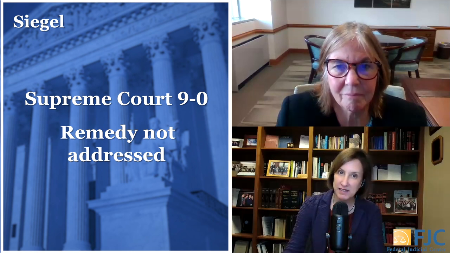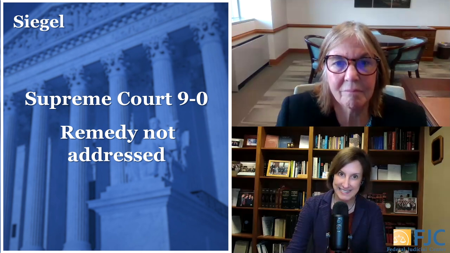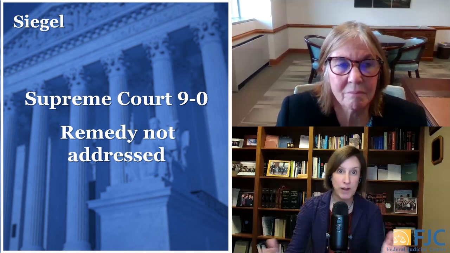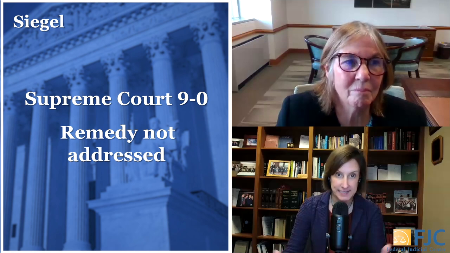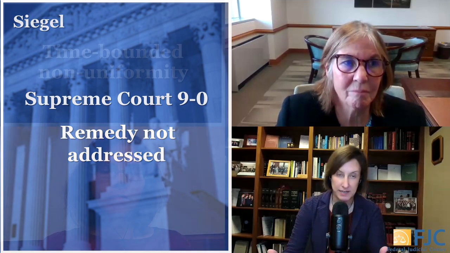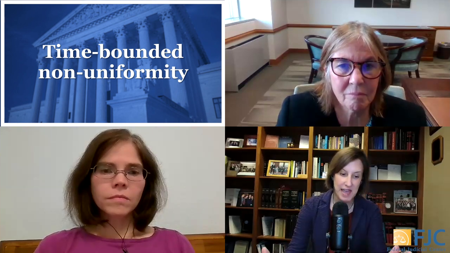But let me make clear that even before Siegel versus Fitzgerald was decided, Congress already closed the gap and stopped the non-uniformity. So this was a time-bounded non-uniformity. So when it goes back up to the Supreme Court in the Hammons case, from a company in the 10th Circuit who wants their money back, and the 10th Circuit said they should get a refund to match those lower districts.